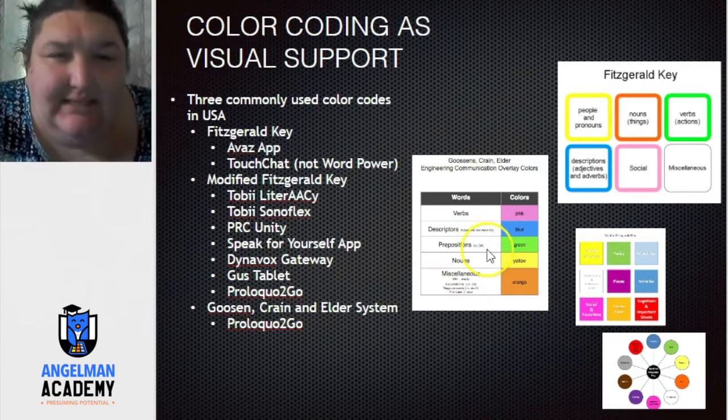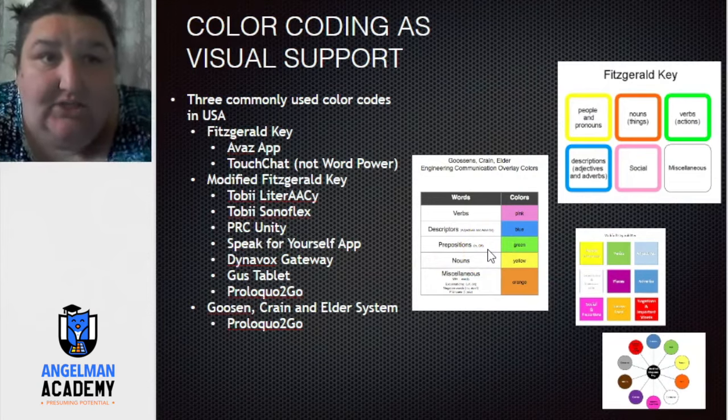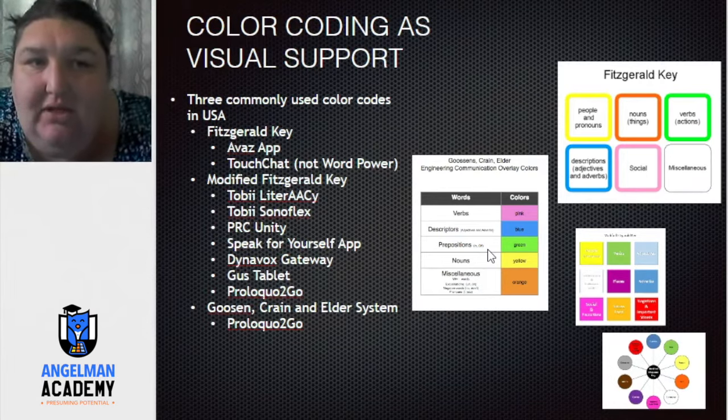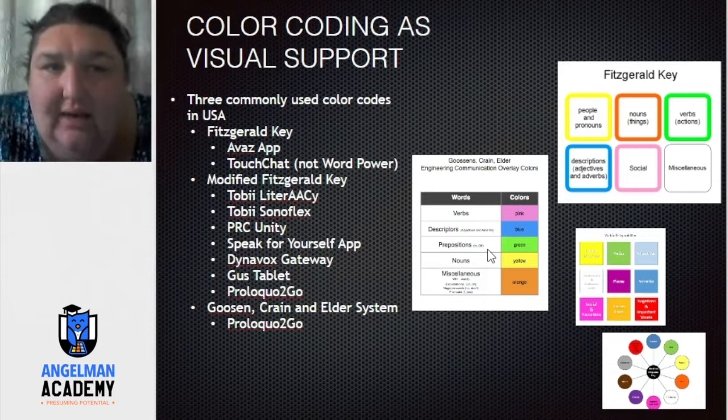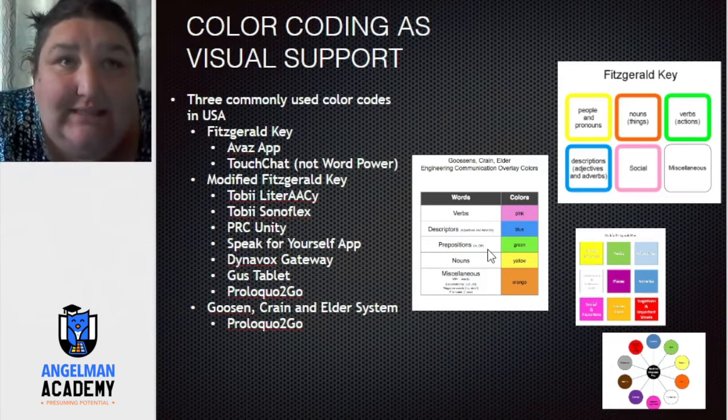So the main idea here is once your child starts to make some progress in communication, and we're moving past one word to multiple word utterances, you may be able to use the color coding to support their multiple word utterance. So if they give you something like "want, eat," you can say, oh, who wants to eat?